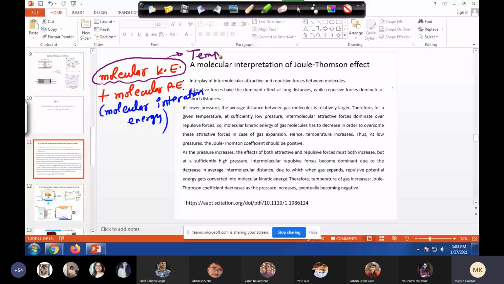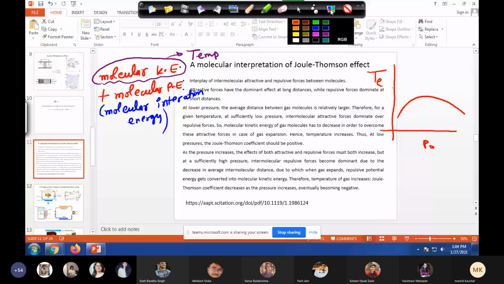See, now what happens if we see any Joule-Thomson isenthalpic curve, T versus P. This is the inversion point. When you are in the low pressure regime, low pressure at exit, okay, which is the low pressure regime? Let's say here. This is the low pressure regime.